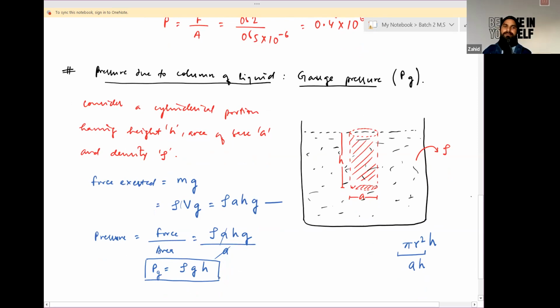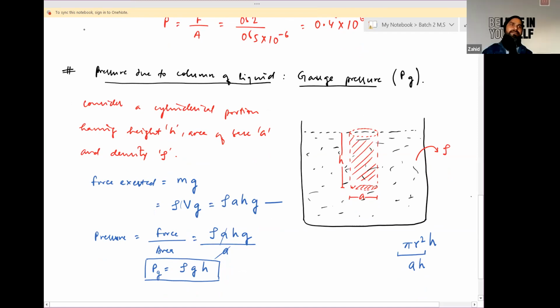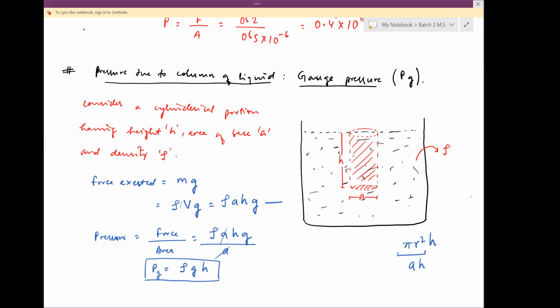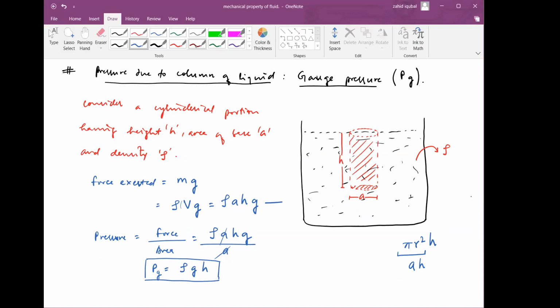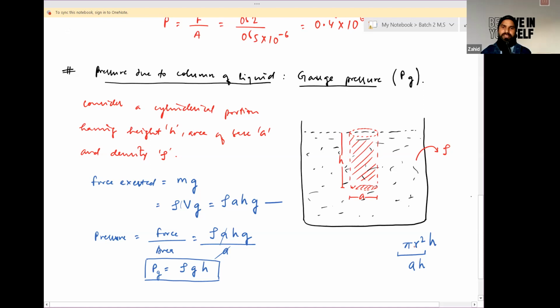Is it clear? Or do you have any doubt in this derivation? Muhiddin? Sir, what is A h here, sir? The volume of the cylinder, right? Yeah. Okay, sir. You must have learned volume of cylinder as pi r square h.